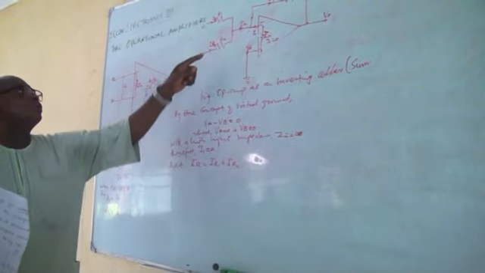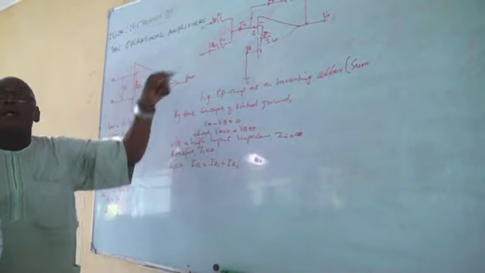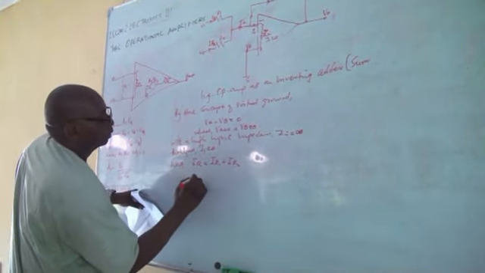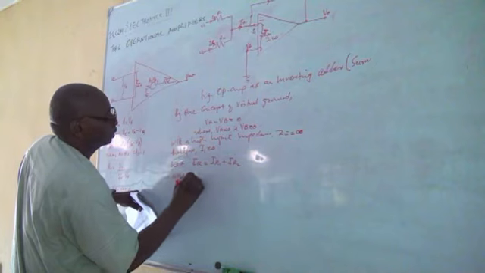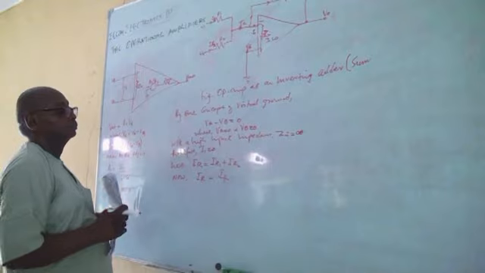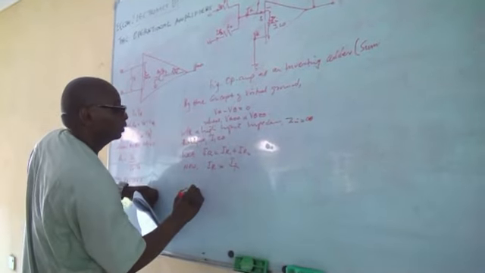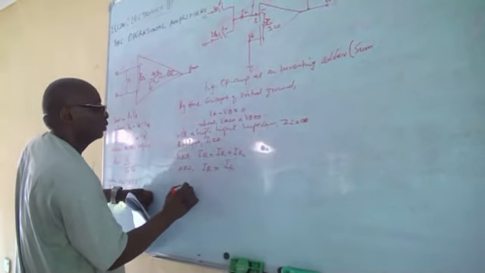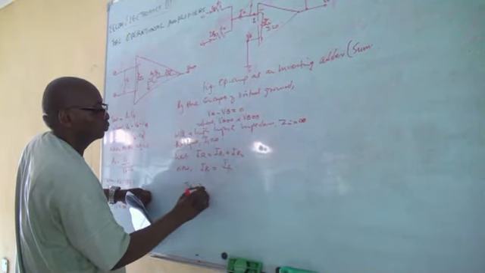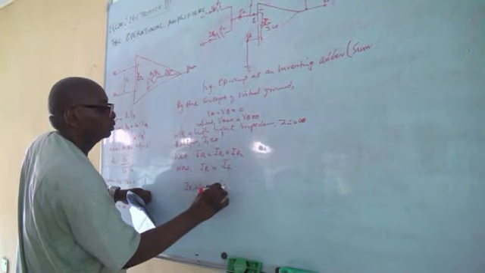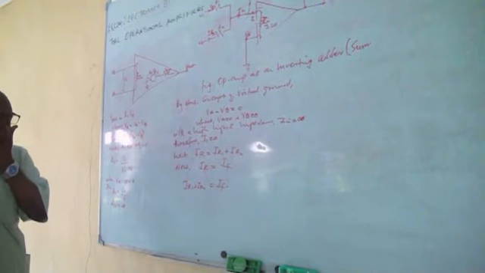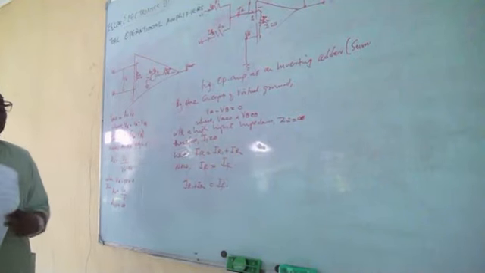Let IR equal the sum of IR1 and IR2. When that happens, we can say now IR equals IF. And from here, IR1 plus IR2 equals IF.